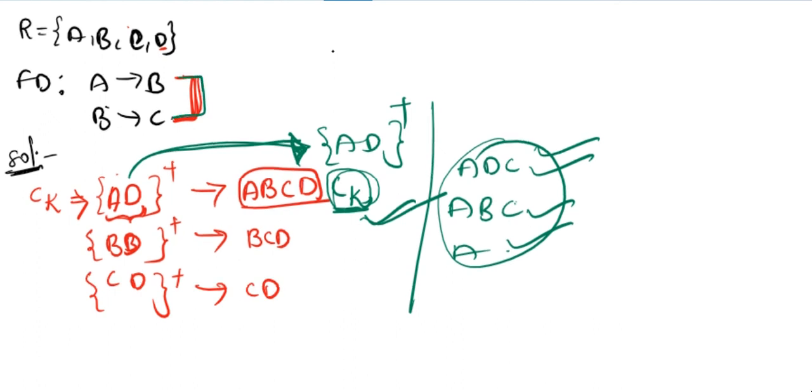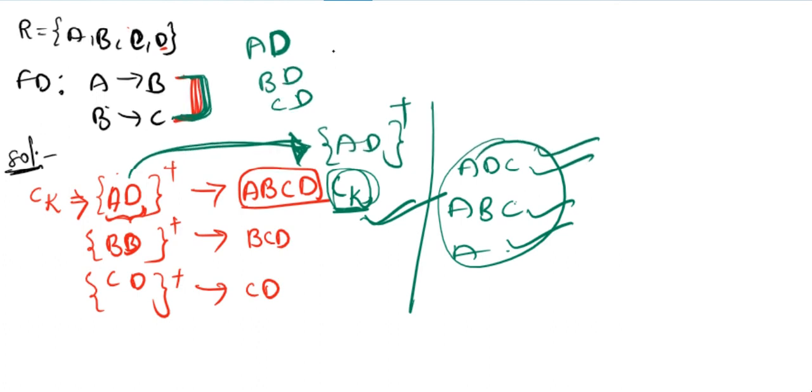We only take the attributes that are not present on the right hand side first. There can be one or more such attributes. Then we make combinations of this attribute with others: AD, BD and CD.